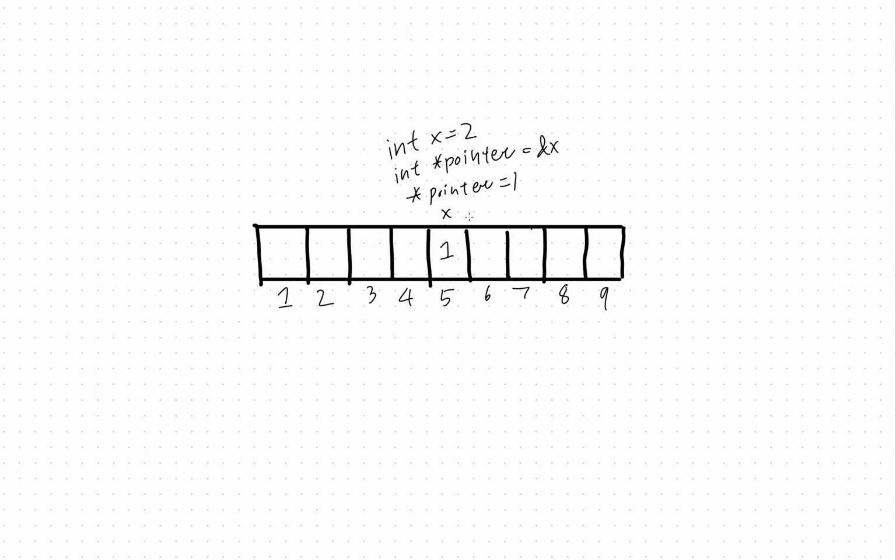So if you print x, it will give you 1 now. You can also pass in the pointer, because it's just a location, to, for example, another function. And if you change it from within the function, it's still changing it at location 5, and it will change the value of x itself. So basically, pointers are the place where it is stored, and this is the value that is actually there.